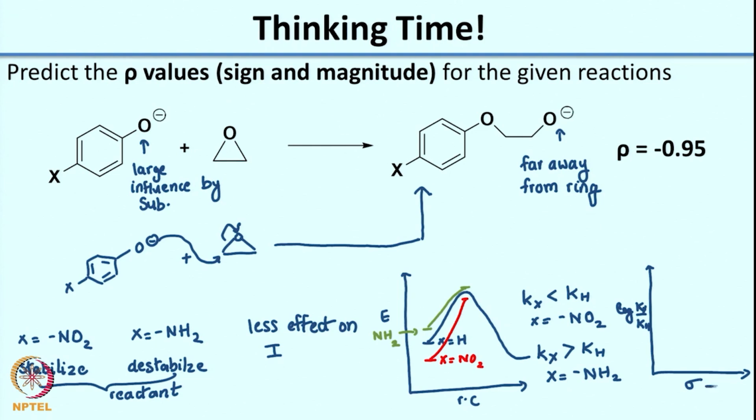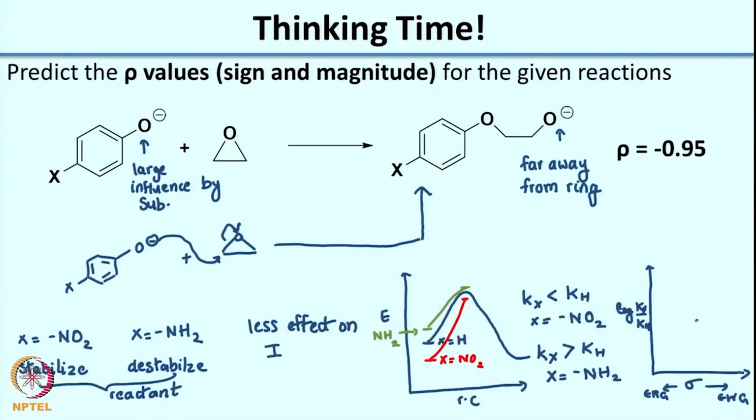as I said, you have electron withdrawing groups here and then you have electron releasing groups here. So again you have your weighing balance here, you have electron withdrawing groups here and you have electron releasing groups here. So now what is happening here? Electron withdrawing groups are destabilizing your reaction, electron releasing groups are stabilizing your reaction.